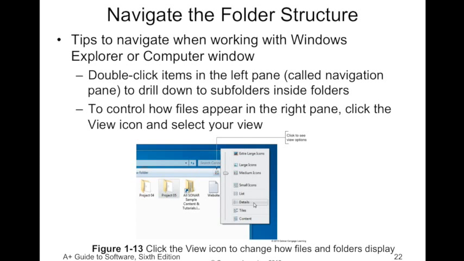How do we navigate the folder structure? If we don't want to type it, we can actually use some of the GUI built-in tools. One of the nice things about the GUI is we can actually view our folders. How do we want to view them? Again, it's customizable depending on your needs or your desire. Here we're actually looking at a thumbnail view or an icon view.